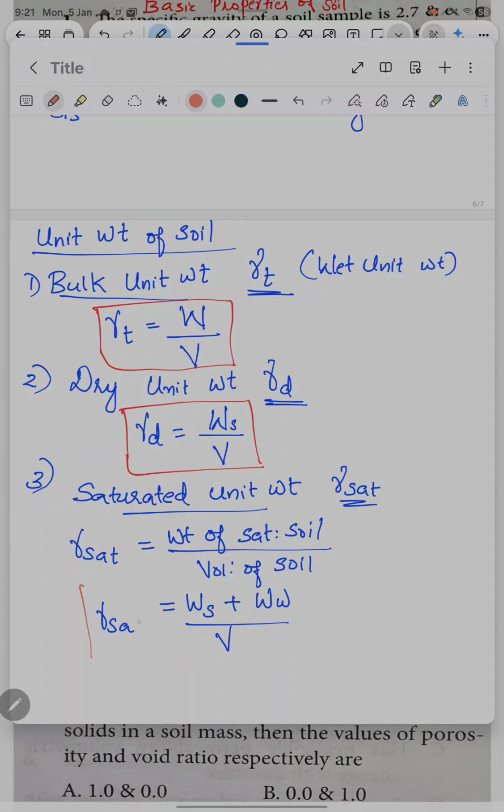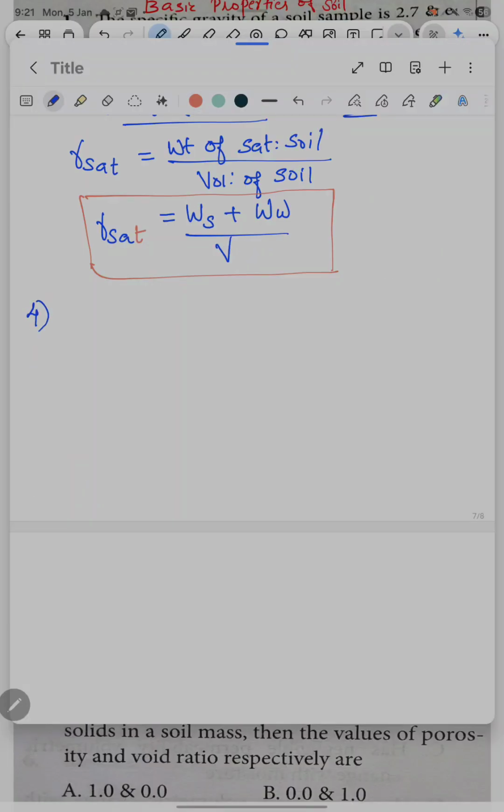So gamma saturated is equal to weight of solids plus weight of water divided by total volume. Okay, the next term is submerged unit weight. Don't get confused with these terms. Submerged unit weight of soil is denoted by gamma sub. Sub means submerged.